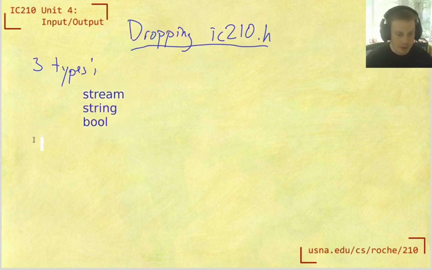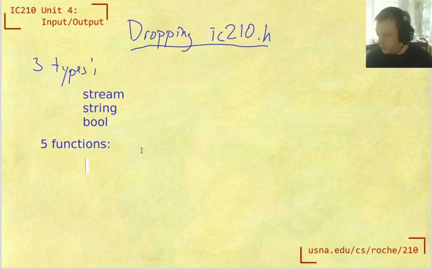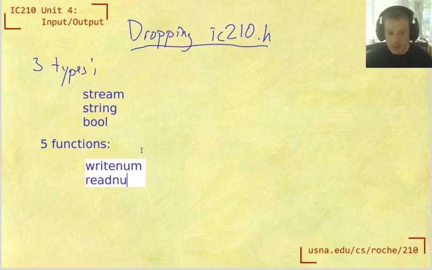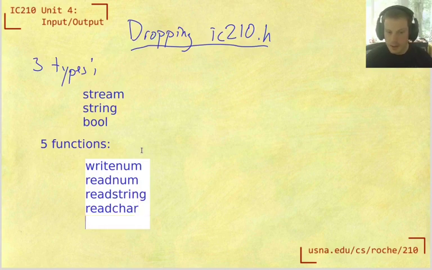And then there's also 5 functions that we get from ic210.h, which are write num, read num, read string, read char, and string eq.